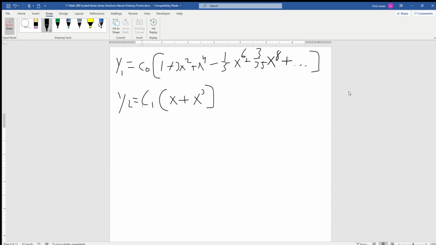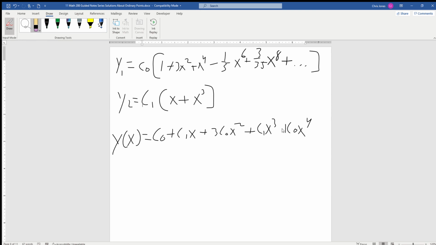Do we want to know what y of x is? Well, the function y of x is going to be equal to c0 plus 3c0 x squared. Well, I guess I should put them in order of the x, which is the independent variable. So we could say plus c1x plus 3c0 x squared plus c1x cubed plus x to the 4th times c0.